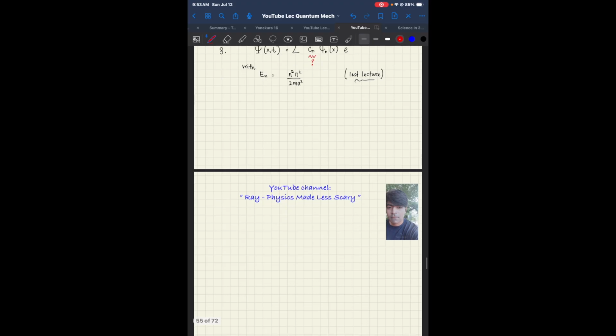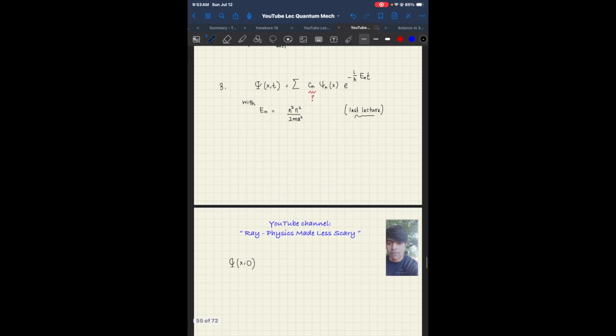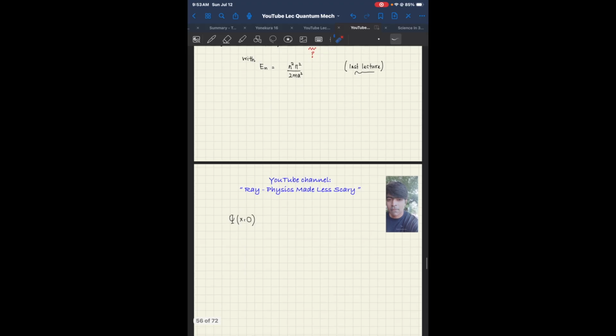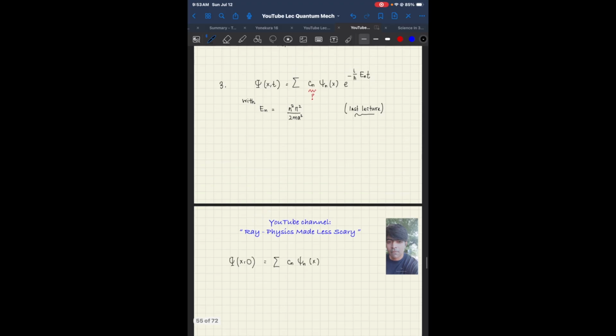Okay, so now I think you can sort of guess where I'm headed. So this capital psi of x at 0, this psi with t equal to 0, so that I can just get rid of the unnecessary exponential part, reduces to the sum of Cn psi n of x, right? From this equation, the t part just disappears.